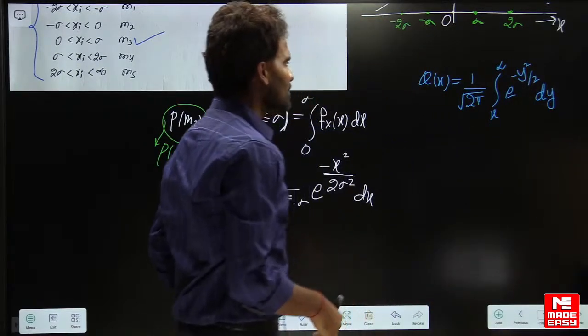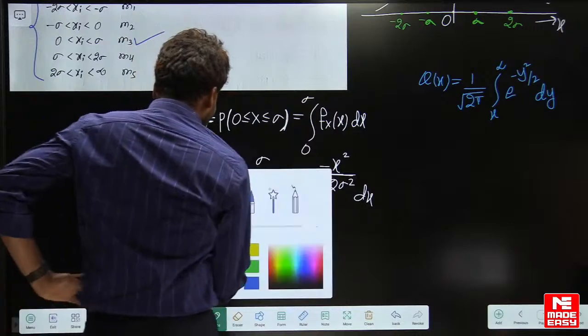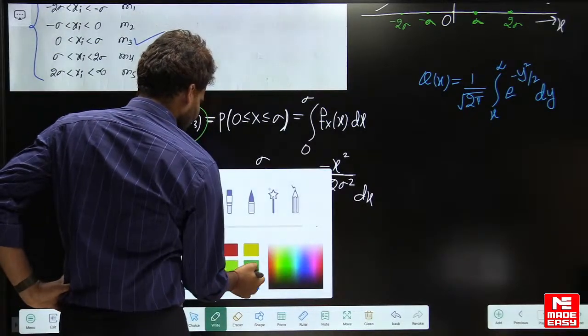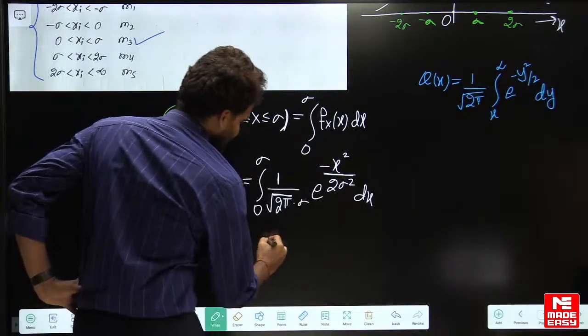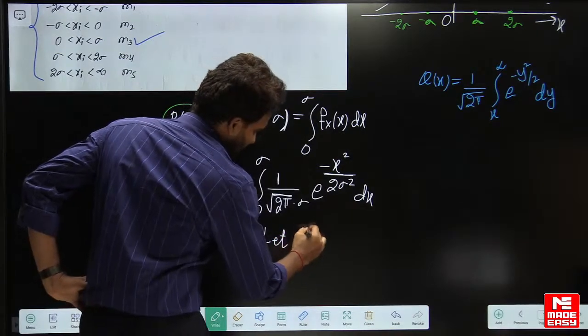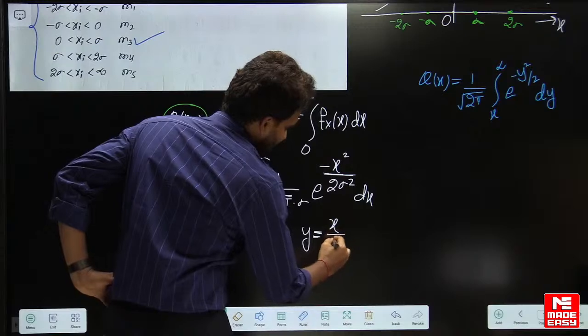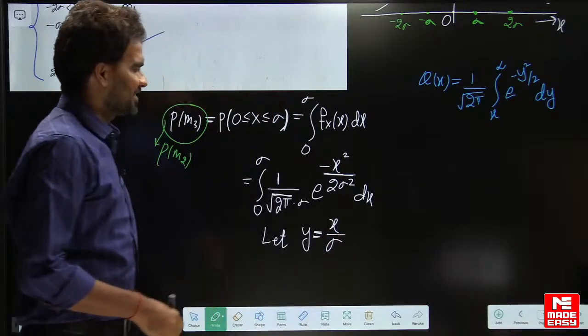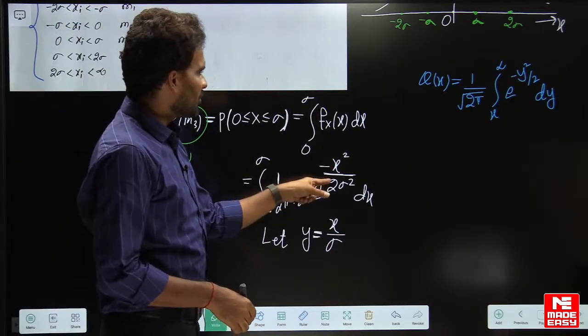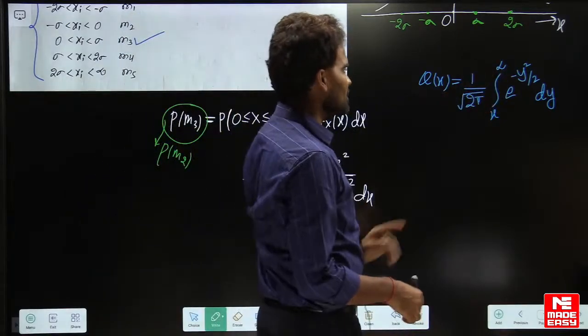To write this in terms of the q function, let y be equal to x by sigma, then it will be in the form of e power minus y square by 2, the same as the q function.